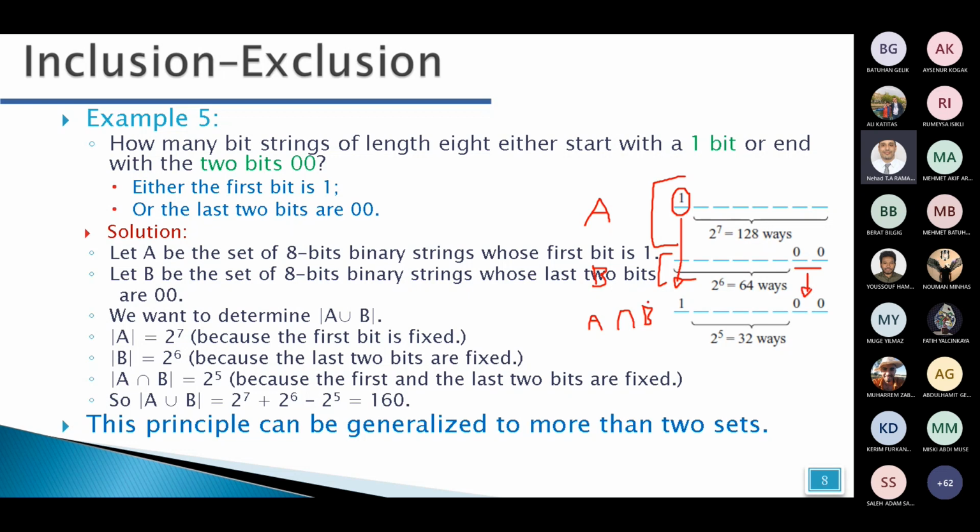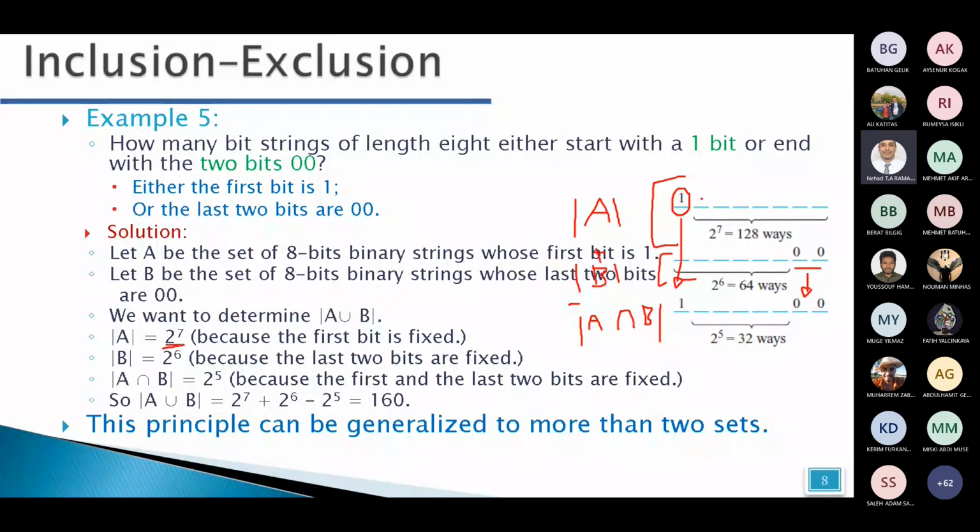So this is the intersection. The idea is we want A ways plus B ways minus the intersection. And why do we use the absolute value? If it's negative, it becomes positive; if it's positive, it stays positive.